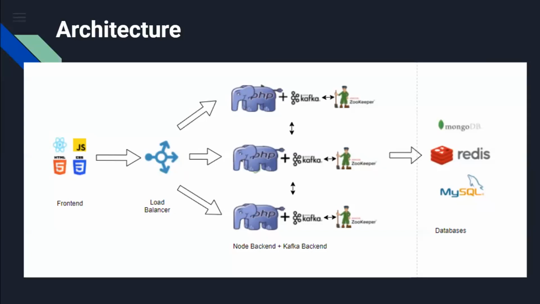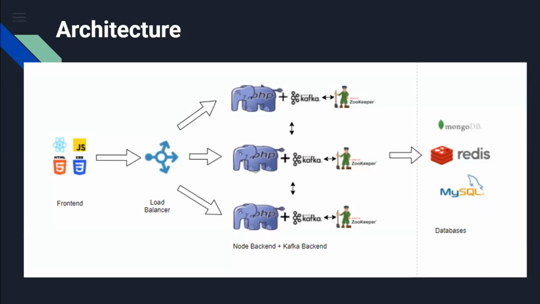Now, a rough architecture can be seen on the screen. In the front end, we are using HTML and CSS, that is the latest version of HTML, and CSS, used in accordance with React. Now this request will be passed on to the load balancer. Here we are using the AWS load balancer.